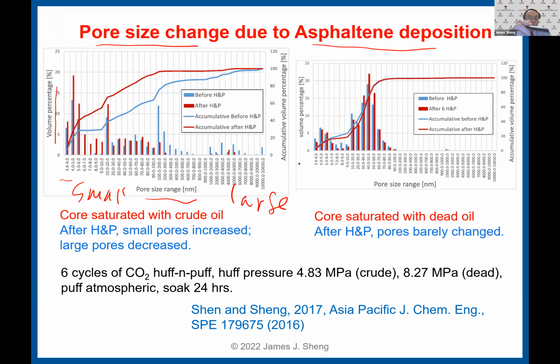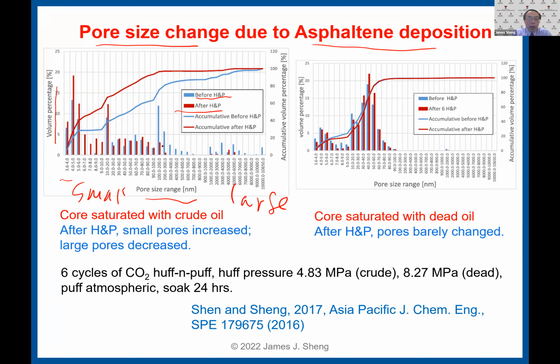Each bar represents, for example, this blue bar, the volume percentage within about 100 to 200 nanometer pores. This percentage is about 20, probably 30%. The blue one is before the experiment, before huff-and-puff, and the red one is after huff-and-puff.